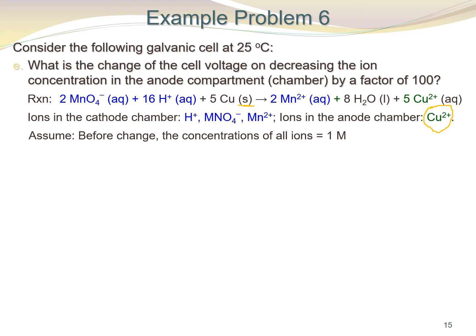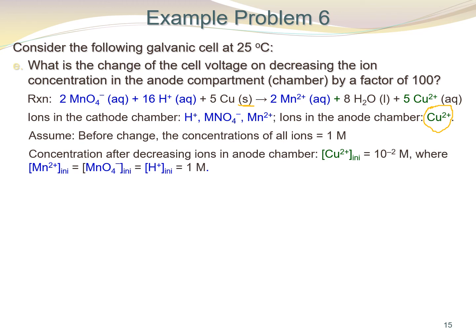All right. Apparently, there's some assumption that we have to go through. So say before the change, consider everything is under the standard state, which means the concentration for all the ions is 1 molar. And then let's see what happens after we decrease the concentration of ion in the anode chamber.